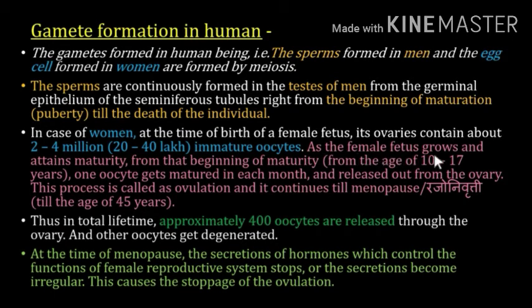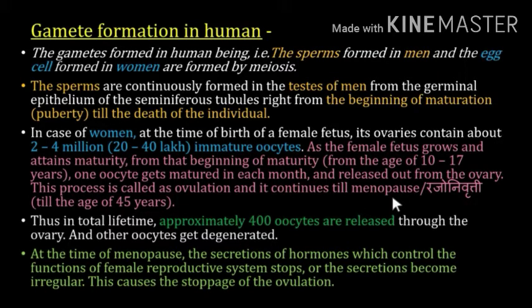As the female fetus grows and attains maturity, from the beginning of maturity, that means from the age of 10 to 17 years, one oocyte gets matured each month and is released out from the ovary. The release of the oocyte from the ovary is called ovulation. The process of ovulation continues till the menopause.